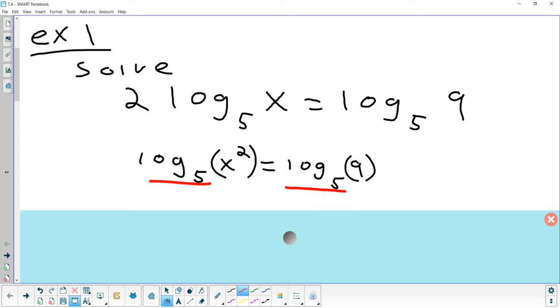Equals means you have to have the same thing on the left and on the right. So we need to find a number for x that would make the argument on the left a 9, just like the argument on the right. What could I plug in for x to make that happen? X would be 3.